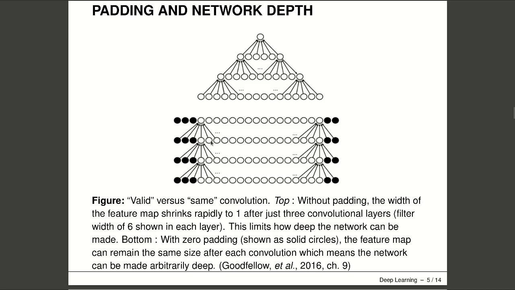However, as you can see below, by applying zero padding, the feature map can remain the same size after each convolution. Therefore, we can go as deep as we want and discover more features and more information.